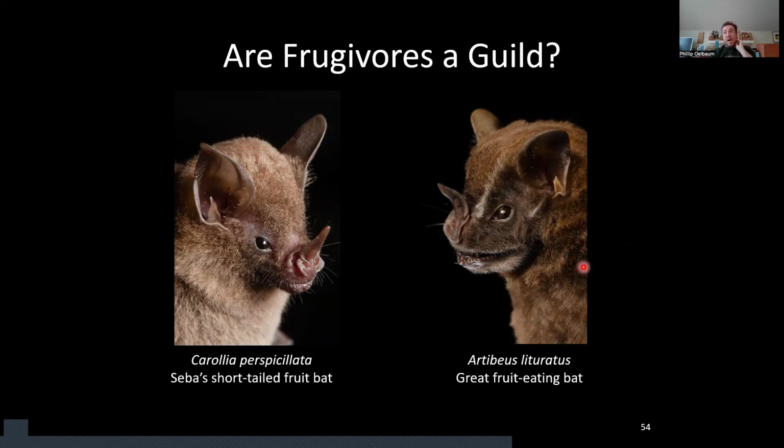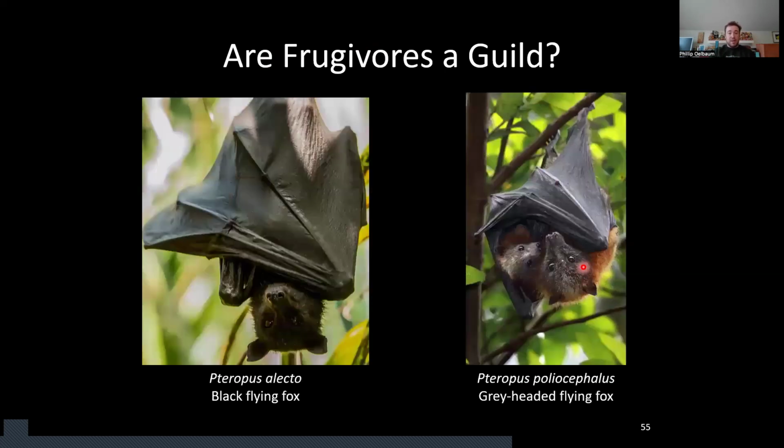Carollia will actively spit out the exoskeletons of insects, so if we were just looking at fecal components or stomach contents, we wouldn't have known this. But molecular techniques are picking this up more and more to show that yes, these animals are eating a substantial number of insects.